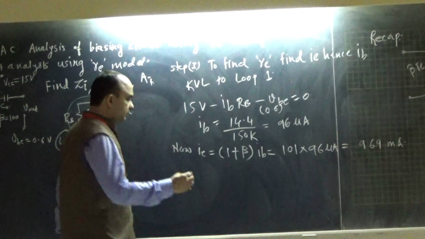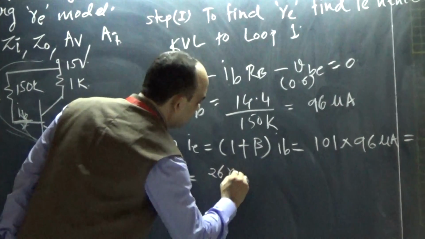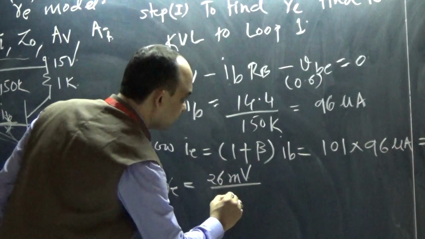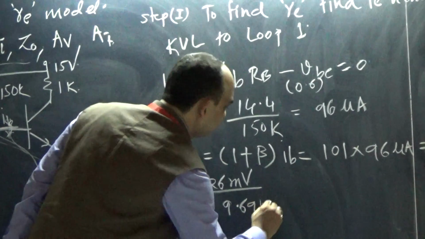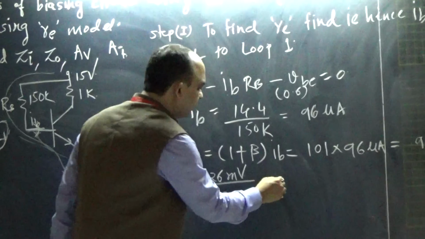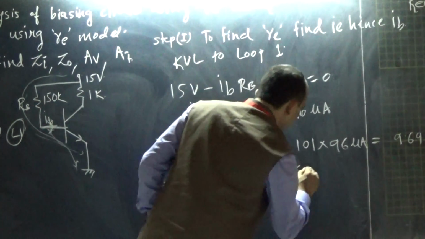RE, very correct. RE is equal to what? 26 millivolts divided by IE, that is 9.69 milliamperes. Both are in milli, so you just divide these two figures. You will get some value. It will be around 2.68 ohm.